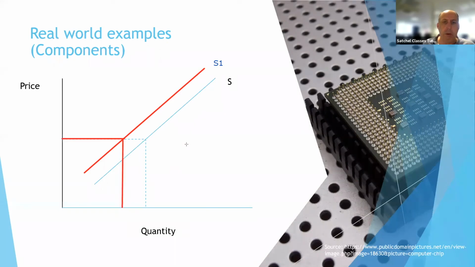So although price hasn't changed, so the cars still cost the same, they simply cannot get the components to actually make as many cars as they were making. So that supply curve has shifted to the left, reducing the amount of cars that are being produced.